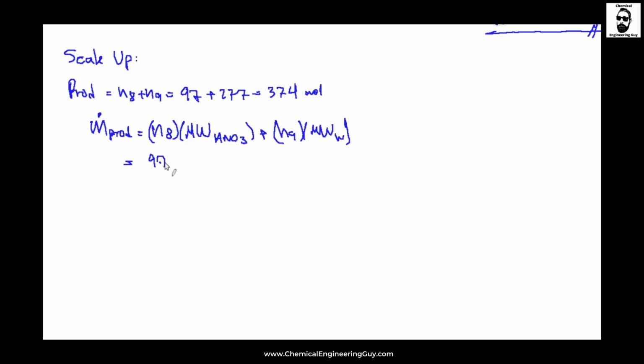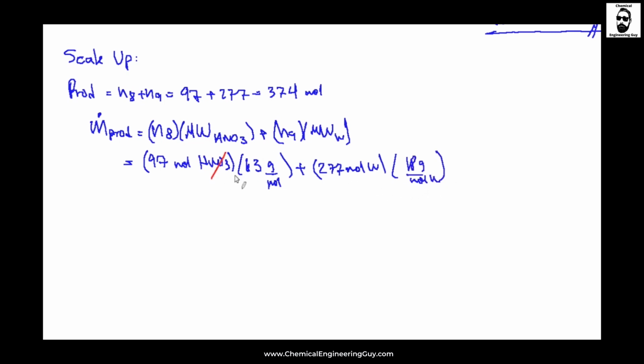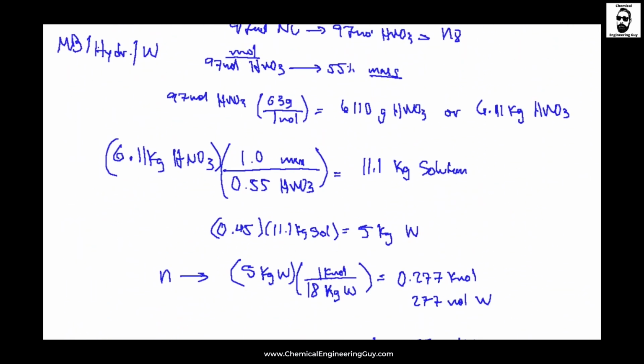N8 is 97 moles of HNO3, molecular weight is 63 grams per mole, plus N9, which is 277 moles of water, times 18 grams per mole of water. Look how they cancel, and I'm going to be able to add all the grams. Grams are going to be 100.1 kilograms, which makes sense. I just wanted to assure that this amount was correct.